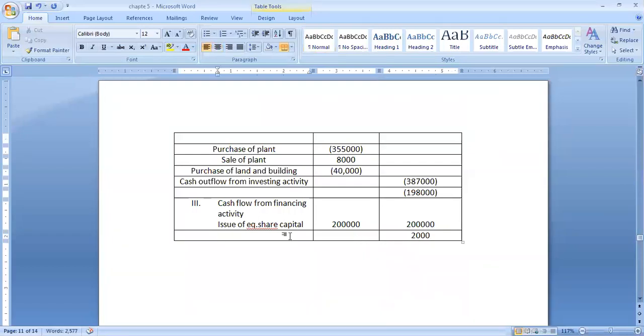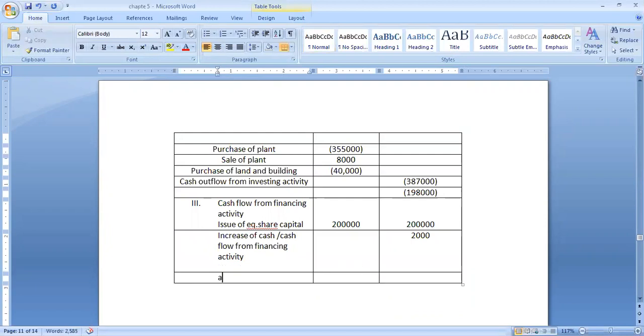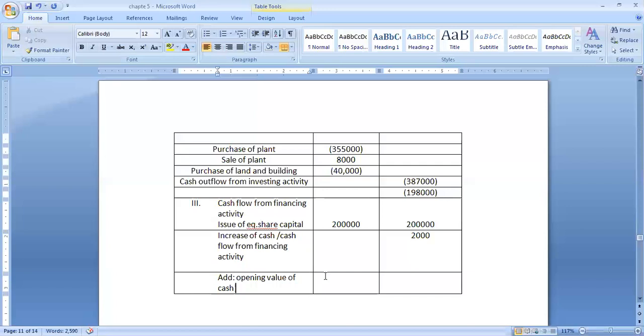So what is this 2,000 called? This is called the increase of cash. To this, you will be adding the opening value of cash, or cash at the beginning.